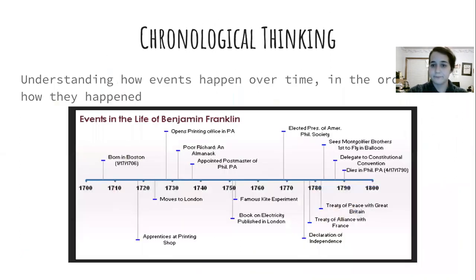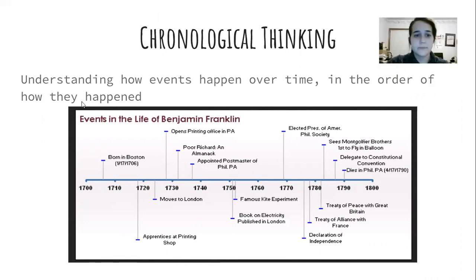Okay? So, when we think about a timeline, we are using something called chronological thinking. That is this big word right here at the top, chronological thinking. And all that means is understanding how events happen over time and understanding the order of how they happen.